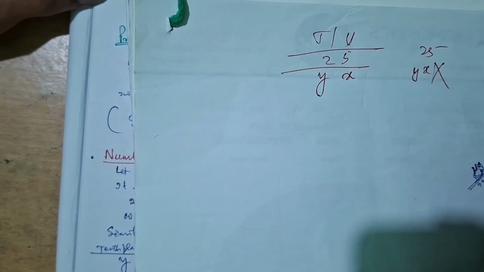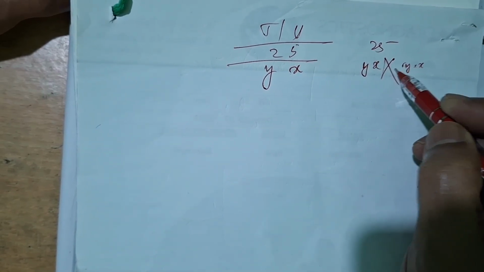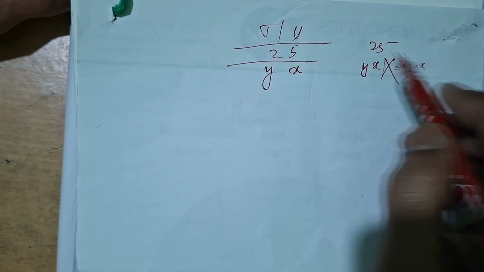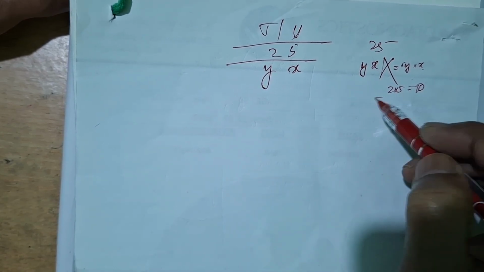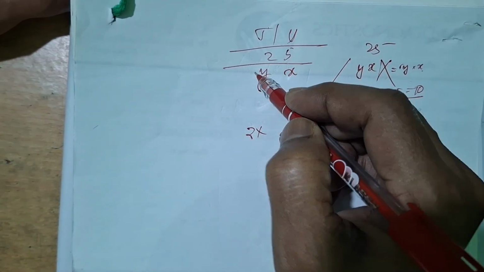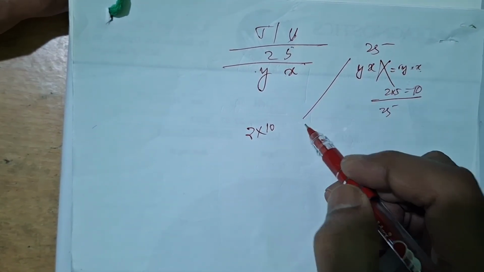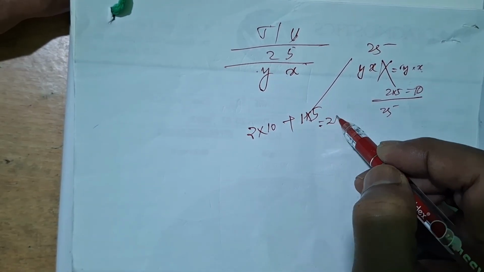No, it is wrong, because yx means y into x. It is not like 2 into 5, which is 10. It is 25. It is expressed as 2 in the tens place into 10, plus unit place 1 into 5, which is equal to 25.